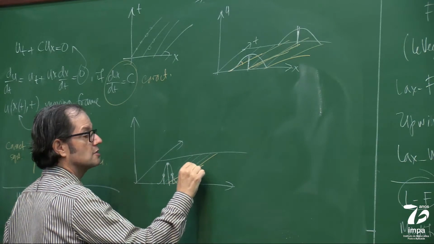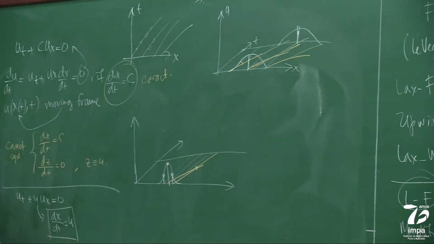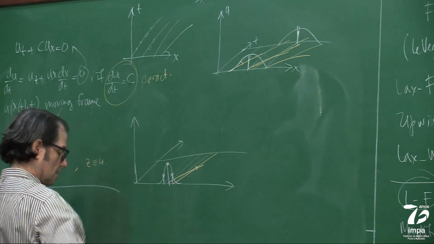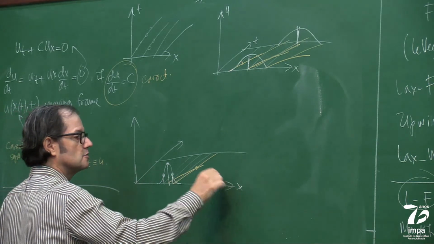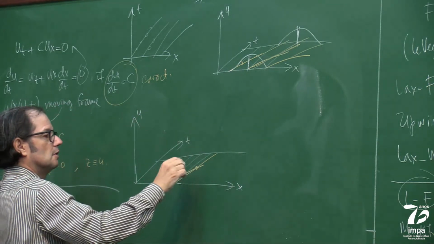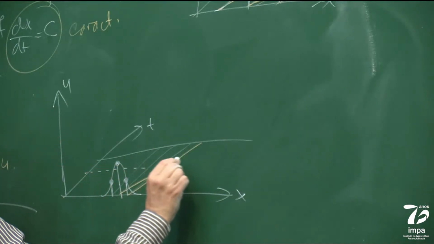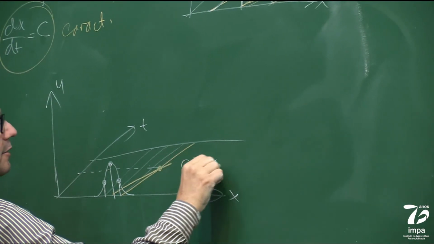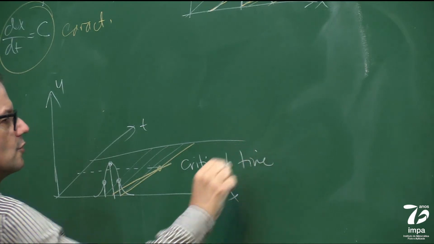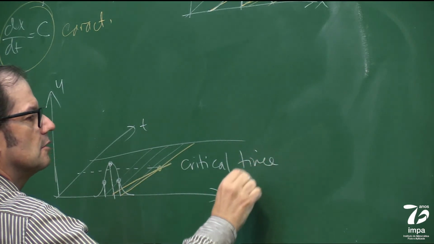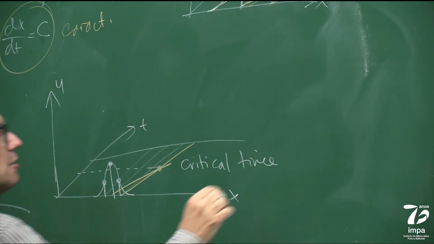Oops, and it will cross at some point. And this is the critical time. This is space, time, u. This is then the critical time, which we can calculate analytically, no big deal, where a shock forms.